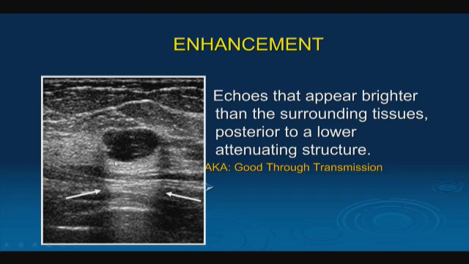But the fact that we have this good through transmission, where it's nice and bright and white in between these two edge shadows, tells us that that is a fluid-filled structure, and this is probably artifact here. So it can be useful in helping us to make a diagnosis. Typically, cysts have smooth walls, no internal echoes, and good through transmission. If you don't have all three of those criteria, it's not a simple cyst.